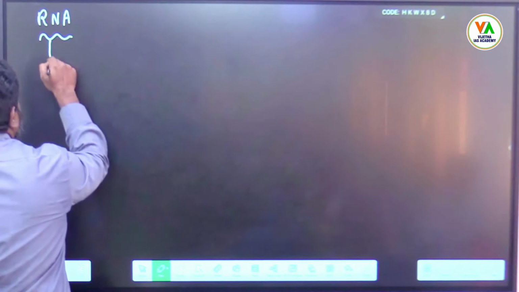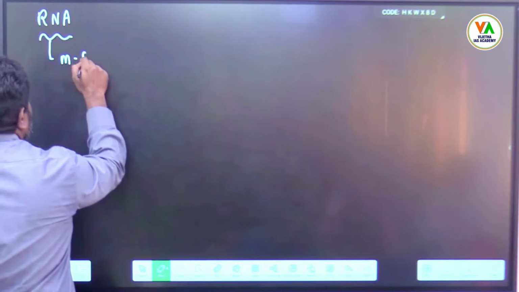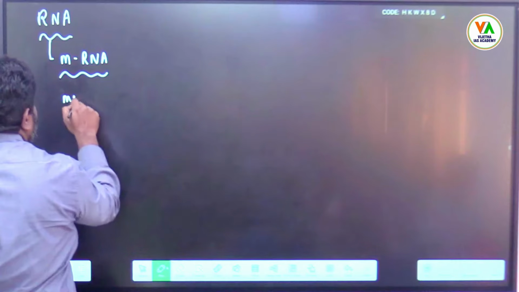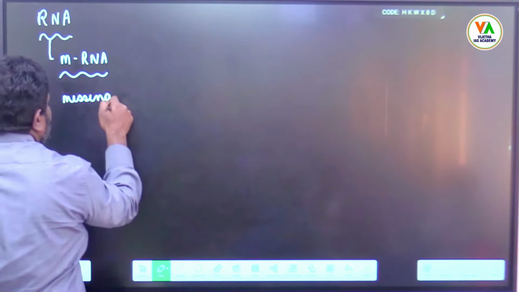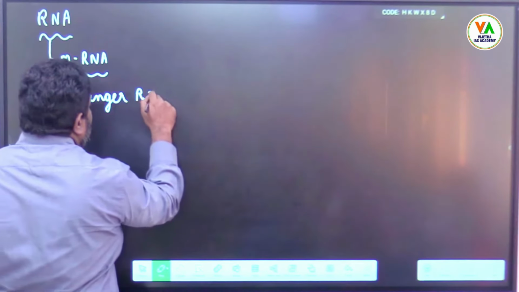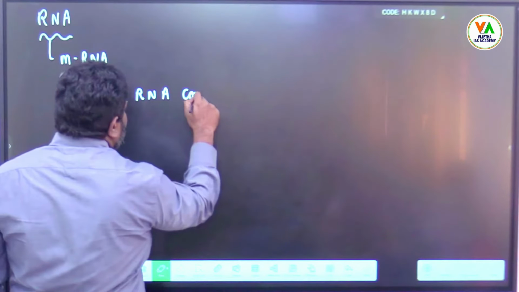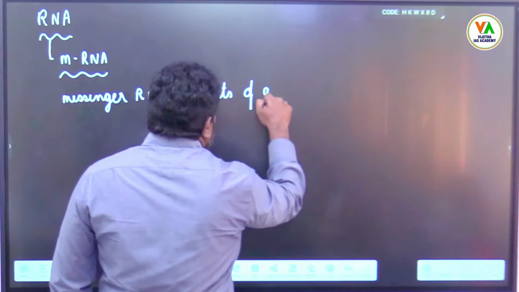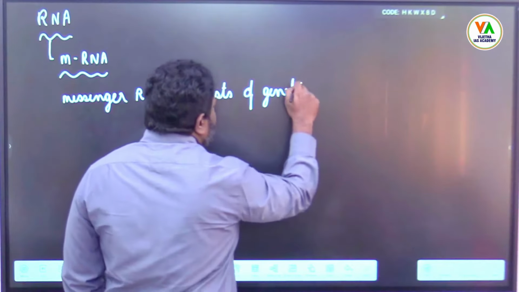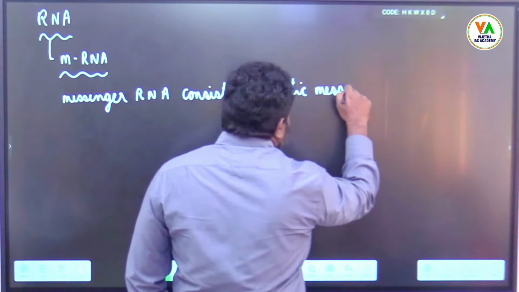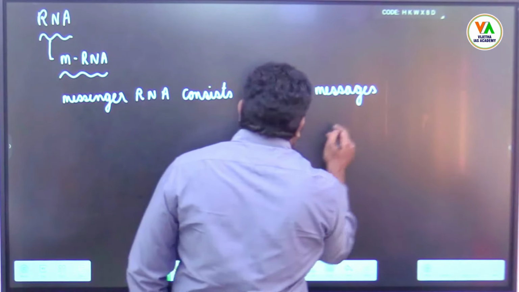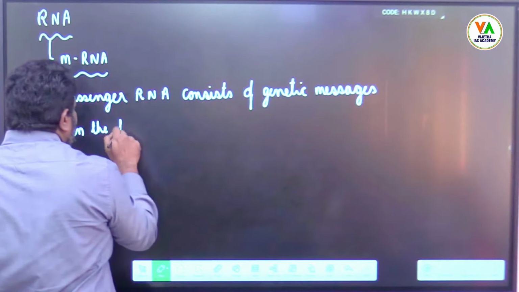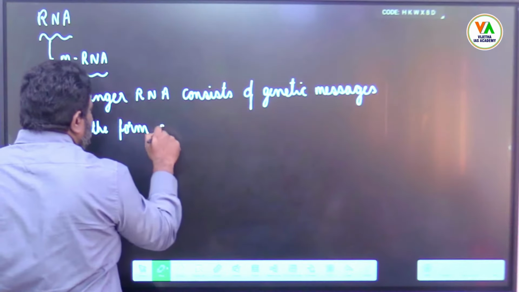We were seeing that mRNA, which is messenger RNA, consists of genetic messages in the form of codons.